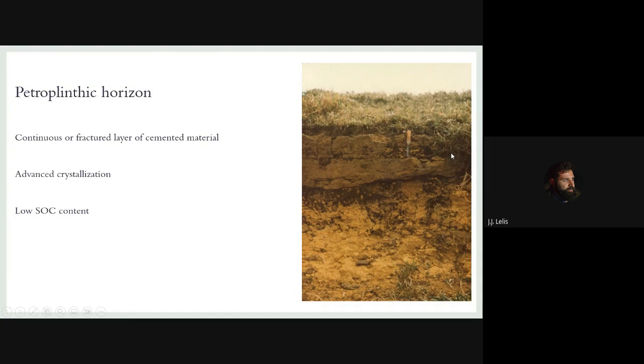Only heavy tools could break it, because all voids, all coarse fragments, and all fine material are cemented by iron in advanced crystallization, and it's quite hard to break this material.